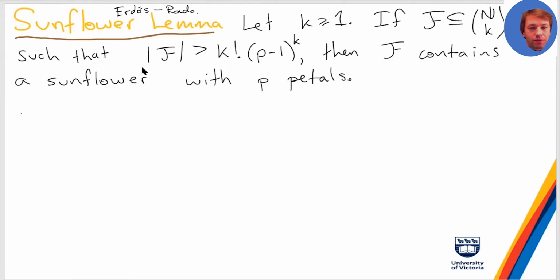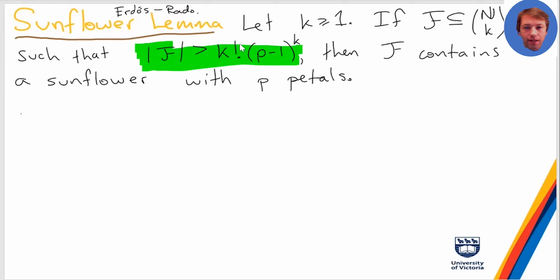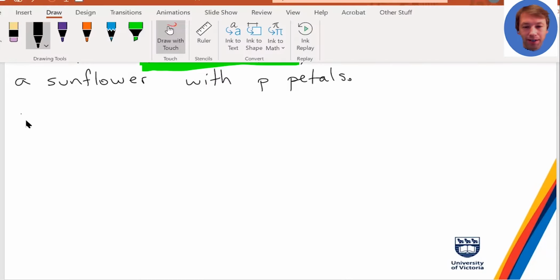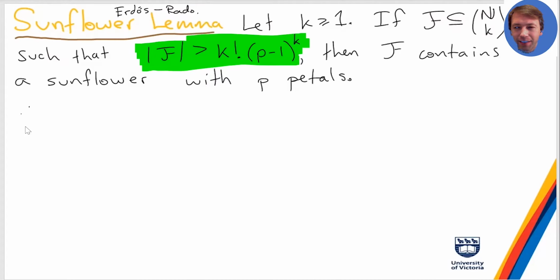If the size of the collection is greater than k factorial times (p minus 1) to the k, then F contains a sunflower with p petals. So this is just some finite bound which depends on our two parameters. It's finite, but it's pretty big, right? It's got a factorial and an exponential thing in there, but still it's finite.